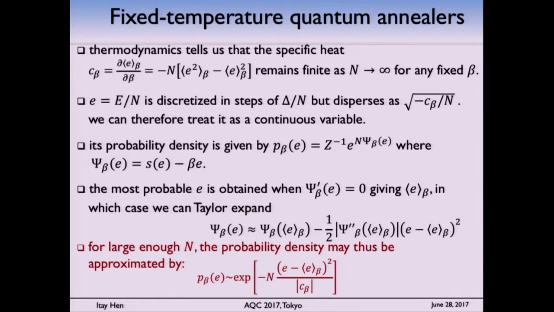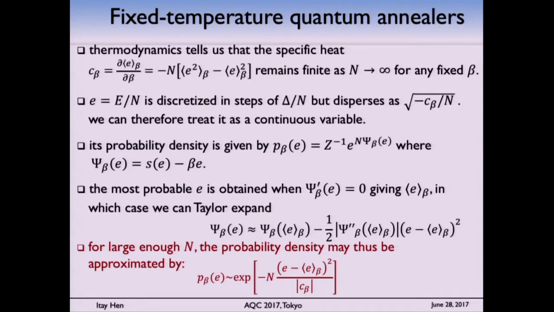The thing is that the most probable intensive energy can be found by just differentiating with respect to e and equating to 0, giving us, of course, that the most probable intensive energy is the thermal average. And then we can Taylor expand to second order this free energy density type functional.